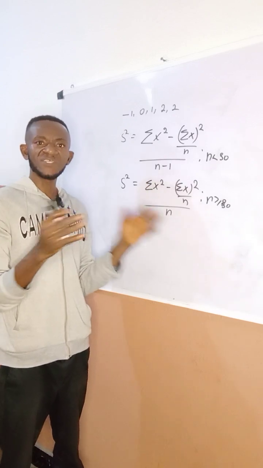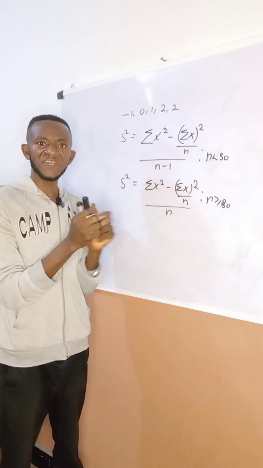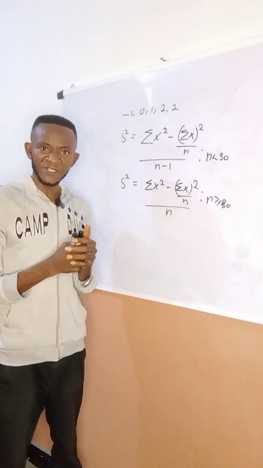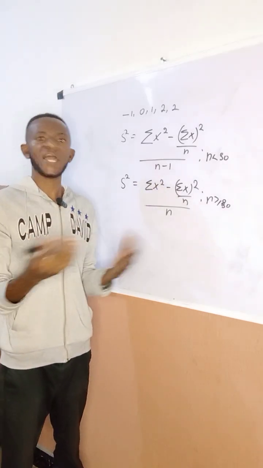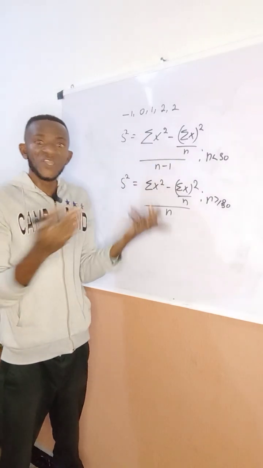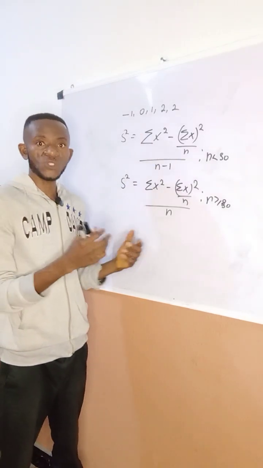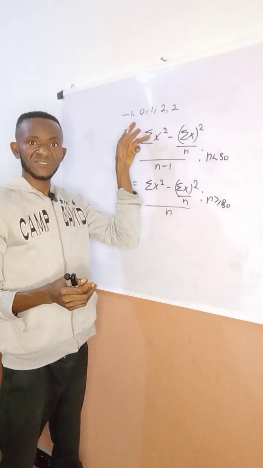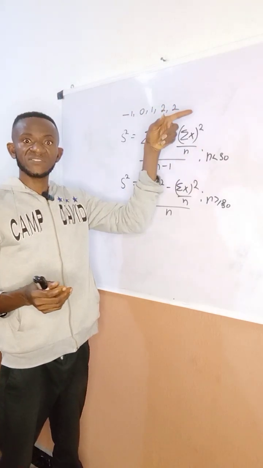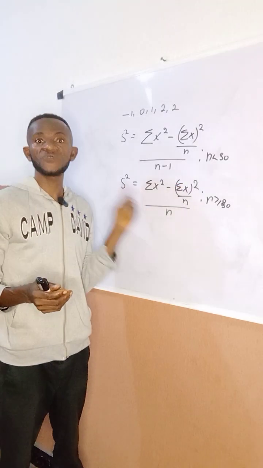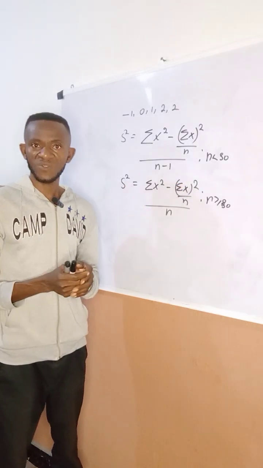Most of the time, the answers between the two are very close, because the question is just subtracting n from this denominator here. So in a situation whereby you sit for a particular exam and you use this to compute because they didn't give you any information, you should use what we call the unbiased variance of the population variance. This one is biased when we use this formula to compute from the sample.